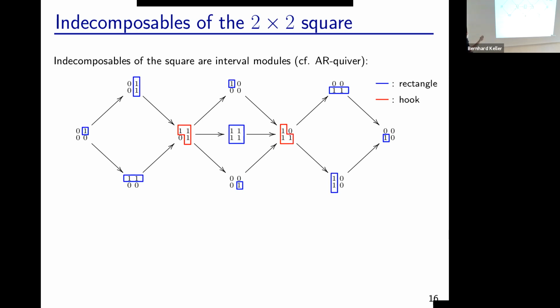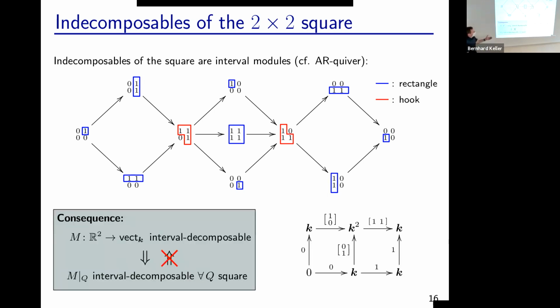In blue, I have highlighted the intervals that are rectangles. And in red, I have highlighted the two intervals that are not rectangles. We call them hooks. And now, a very simple observation is that the way I phrase the problem makes it trivially wrong.